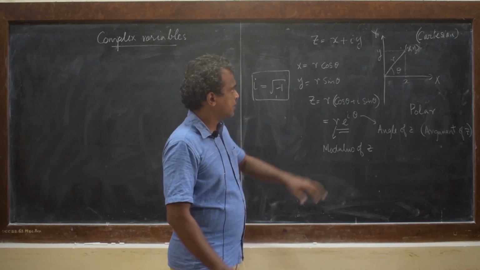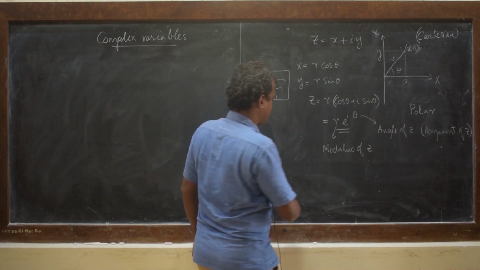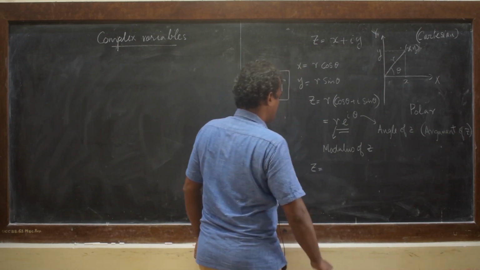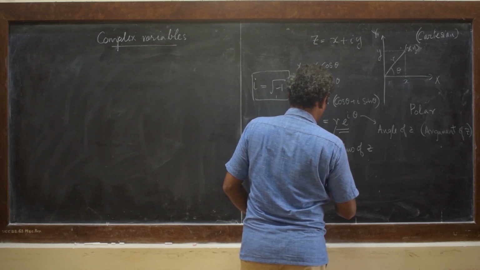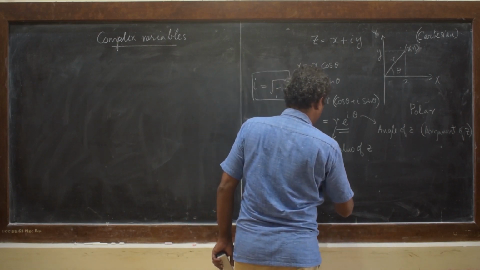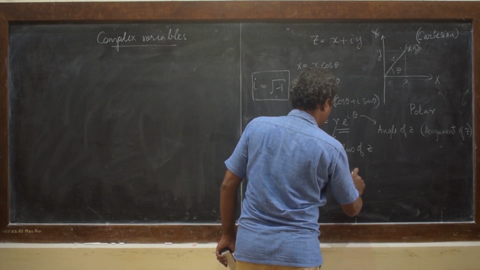Let us look at an example of a complex number. Let us take the example of a complex number z1 of the form square root 3 plus i.